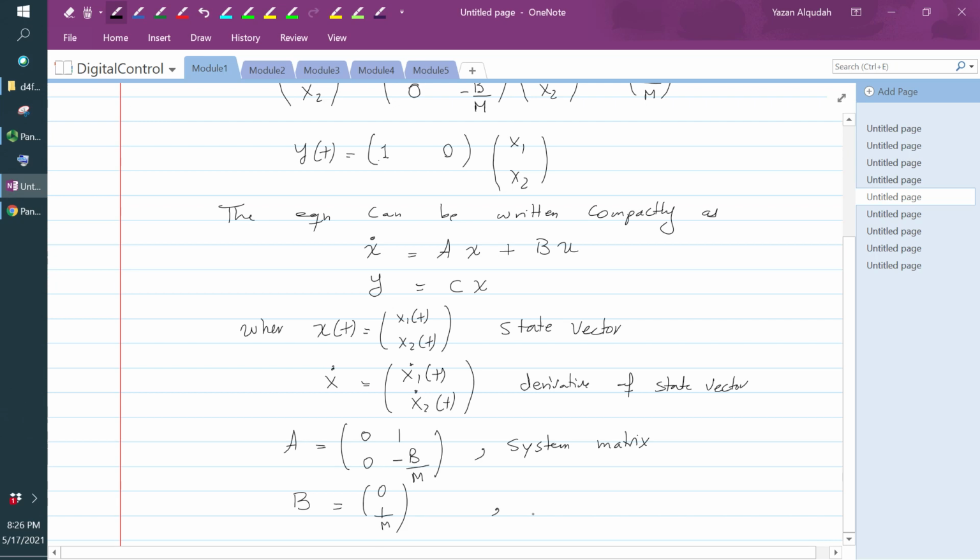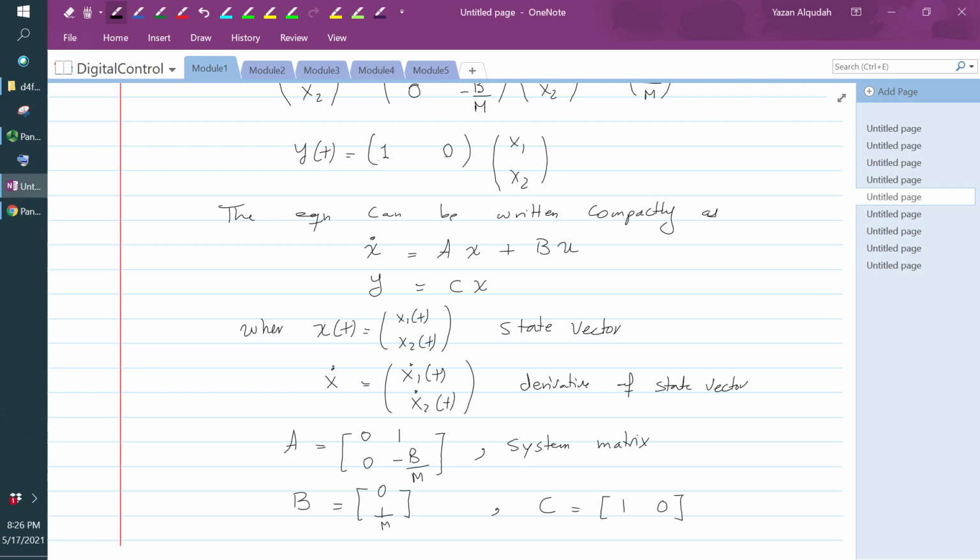And then we have C is equal to 1 and a 0. All of these are matrices, even though I don't have square brackets. But this is a matrix, this is a vector, and the same thing here. This is a vector. Okay.